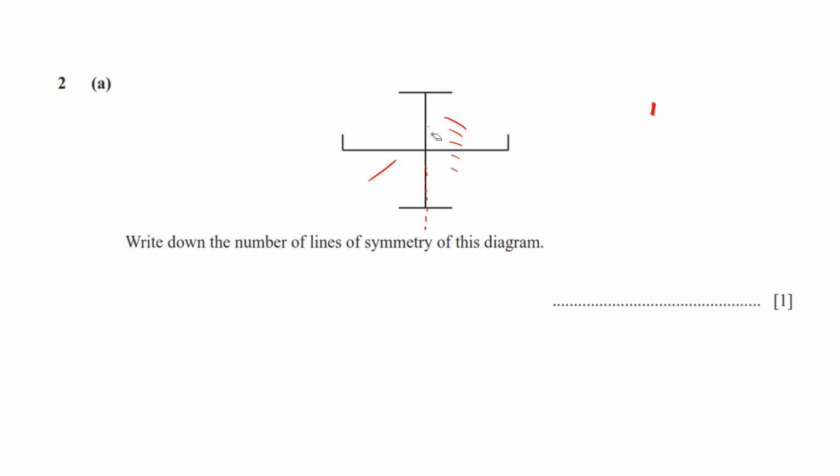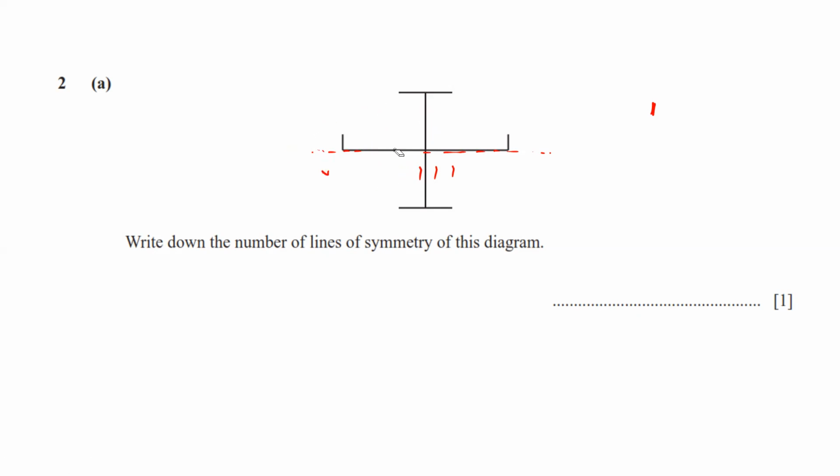Then if I draw a line of symmetry something like this, and we look at the image on this side and this side, this is not the replica of this. So this is not a line of symmetry.